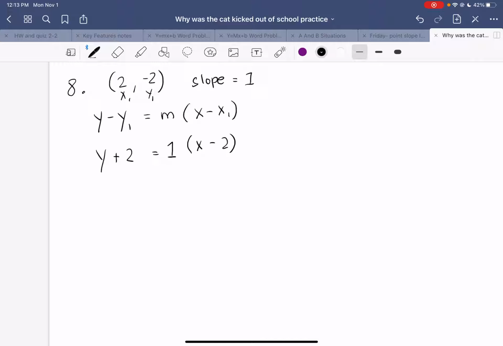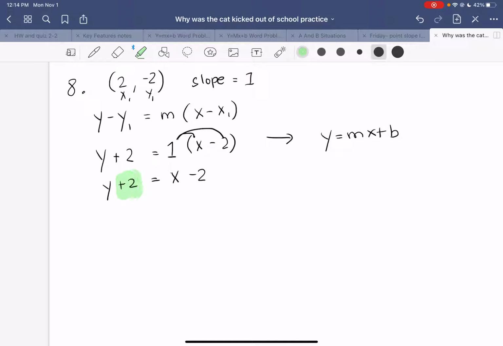So in order to go from point slope form to slope-intercept form, we're going to have to distribute our m to both of our numbers inside the parentheses. So now we have y plus 2 equals 1 times x, which is just 1x. And 1 times negative 2 is negative 2. All right, we're super close to being able to get y equals mx plus b. The only thing in the way is this.